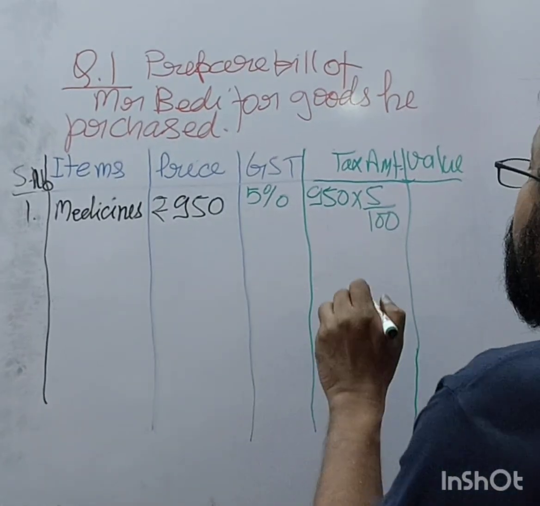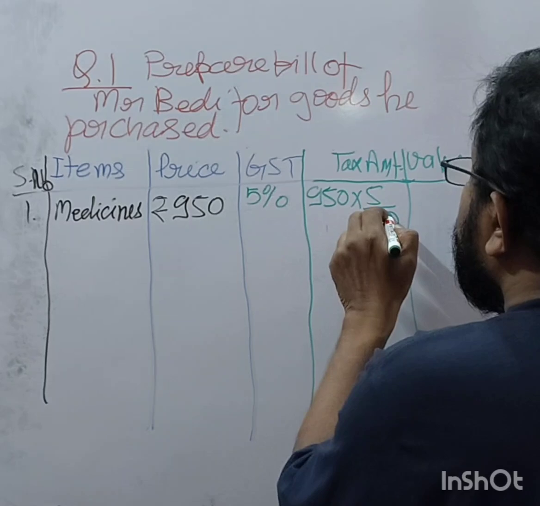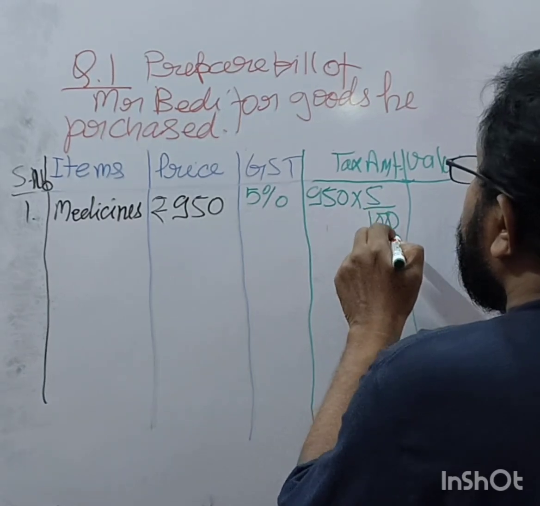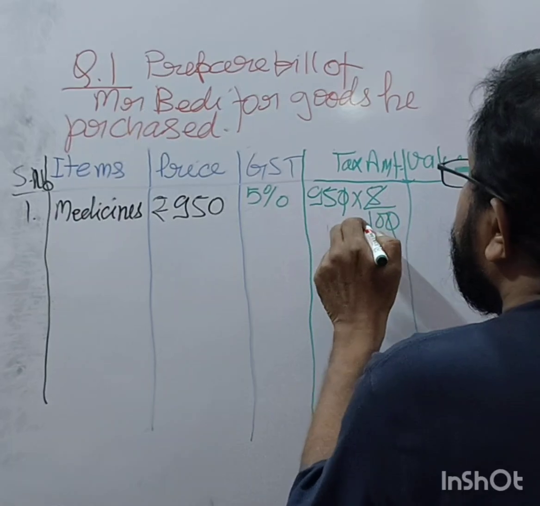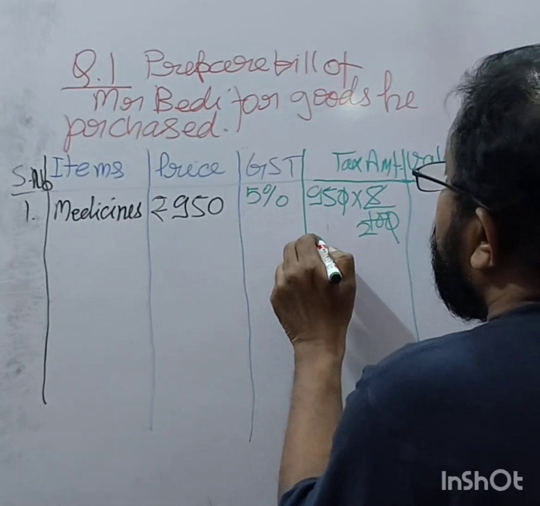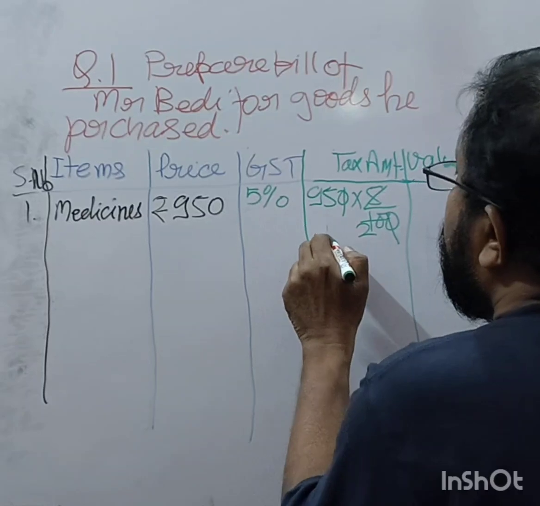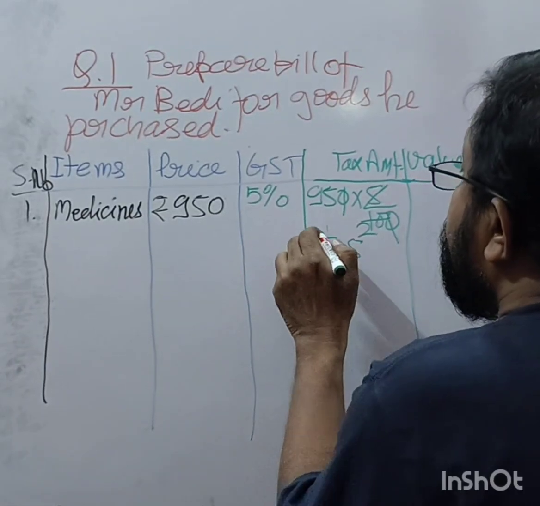So this is how much? 0 and 0 cancel. 2 times it is 47.5. This is tax amount.